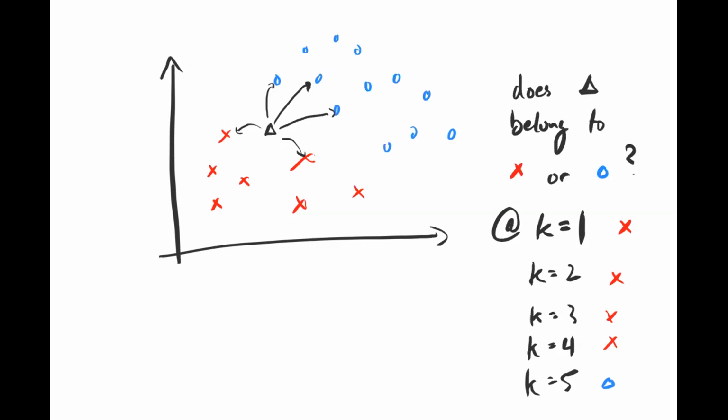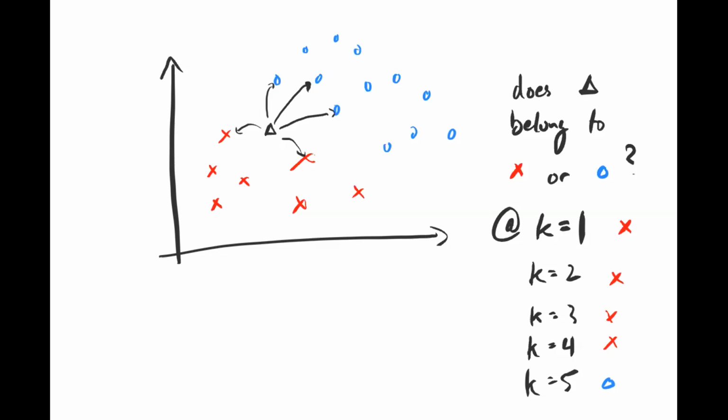Hey, Han. Yeah, go ahead. Can you clarify why at k equals 2 and k equals 4, it's the X? Yeah, so for tie breaks, I think it's going to go with the one that it was before. I'm actually realizing I'm a little hazy on this, but the reason I think it would go with the one before is because that would indicate that it's the closer one.